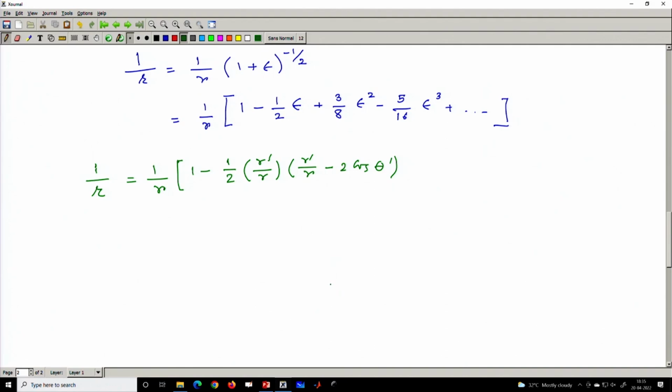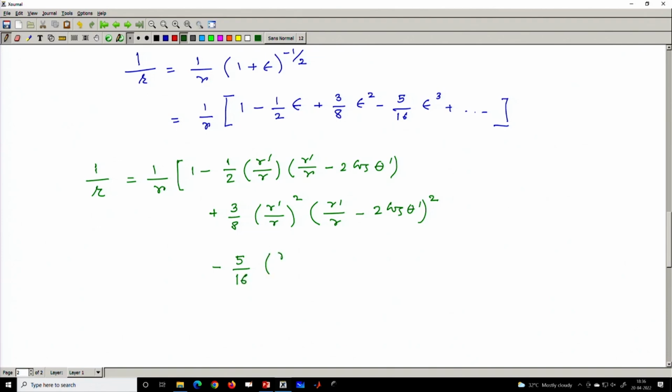What is my second term? I just write it here, plus 3 by 8, and my second term is the square of that. So, r prime divided by r squared and r prime divided by r minus 2 cos theta prime, squared. What is my next term? It is minus 5 by 16 and cube of that.